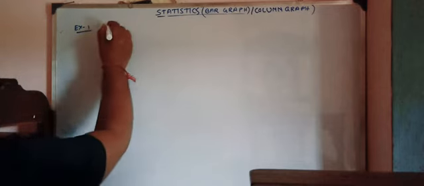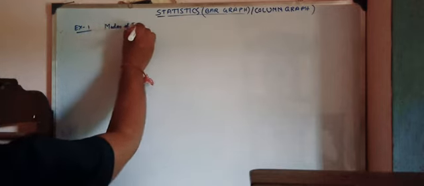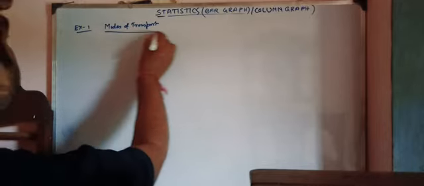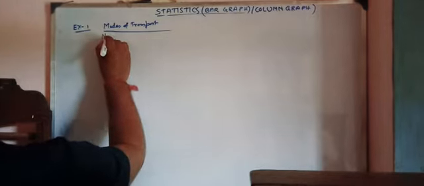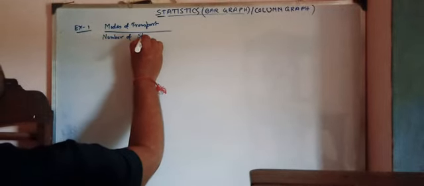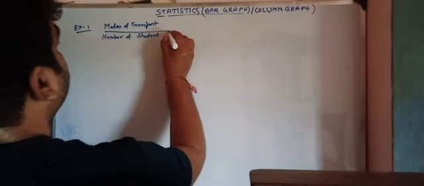Now the data is given: modes of transport and number of students. The table I am drawing here.